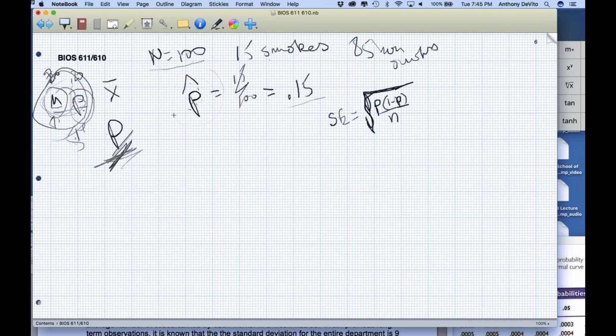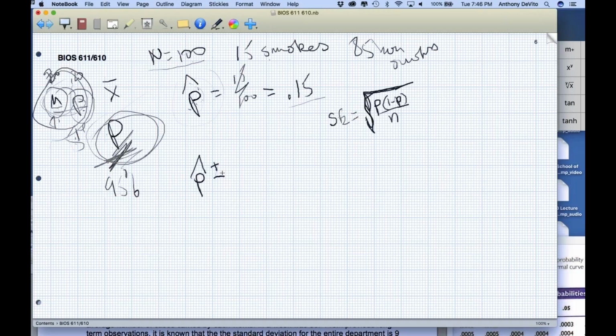Okay, so if I want to calculate a confidence interval for my true population proportion of people that smoke, it's going to be equal to p cap plus or minus, well, let's say I want a 95% confidence interval. I'm assuming that the distribution of samples of size 100 that I took over and over again from this population is going to be normally distributed around p, half above and half below.